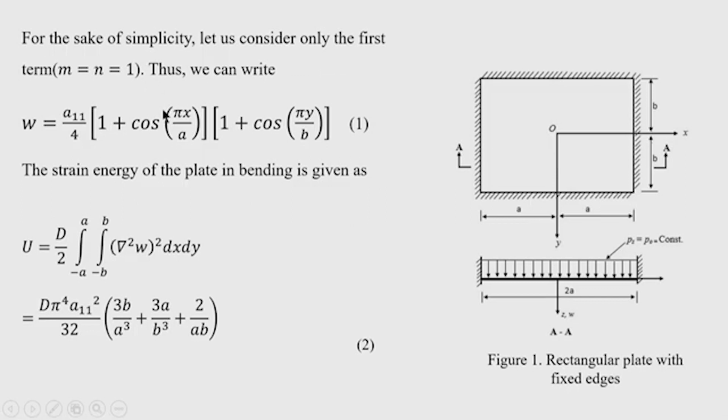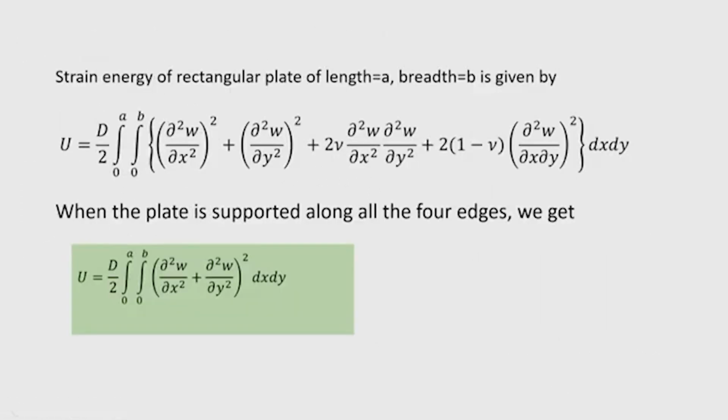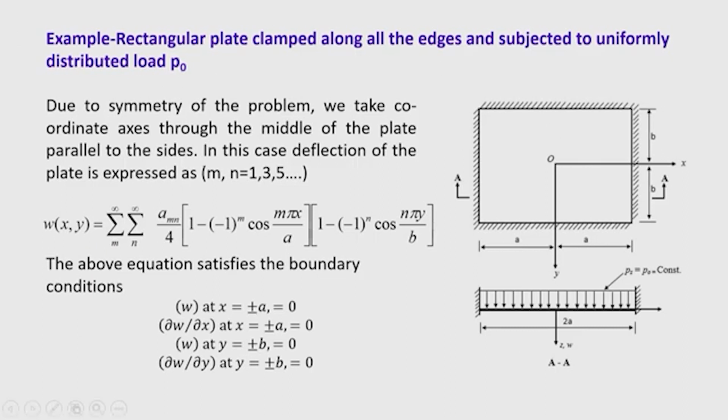Now, go back to the deflection expression that we have assumed. If we take m is equal to 1 and n is equal to 1, then this term becomes 1 plus cos pi x by a, and the second term becomes 1 plus cos pi y by b, and it will become 1 by 4. Okay.